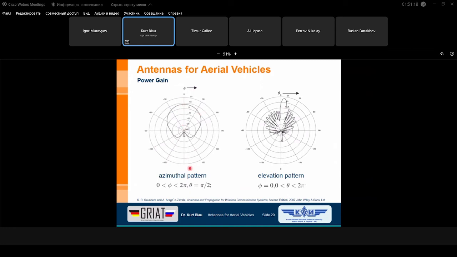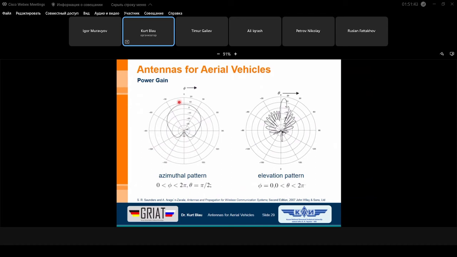This is a very good pattern because the so-called forward-back ratio is very good, which means all signals coming from here, let's say from behind, are suppressed very well. And if you look at the scaling here, this is 0 dB. The antenna has in this case a gain of about 8 dB, or 8 dBi, I have to say.